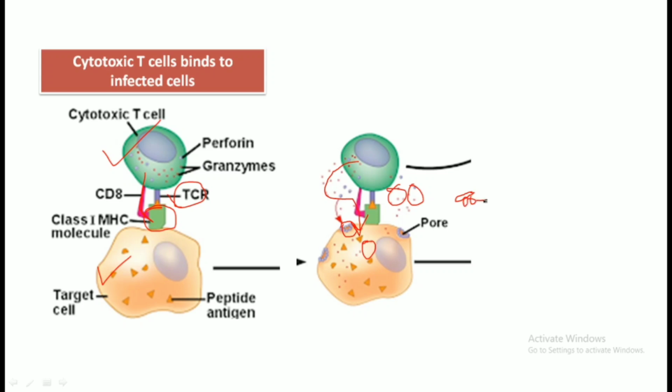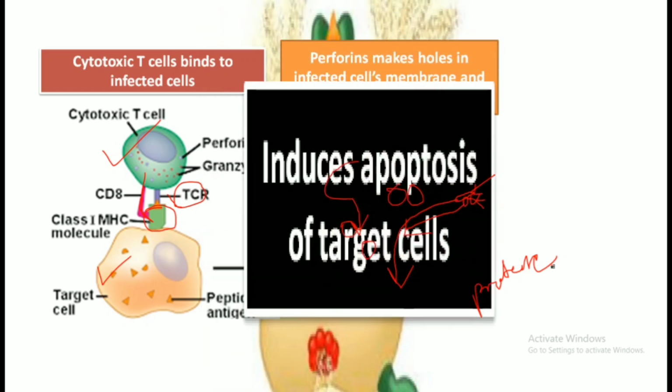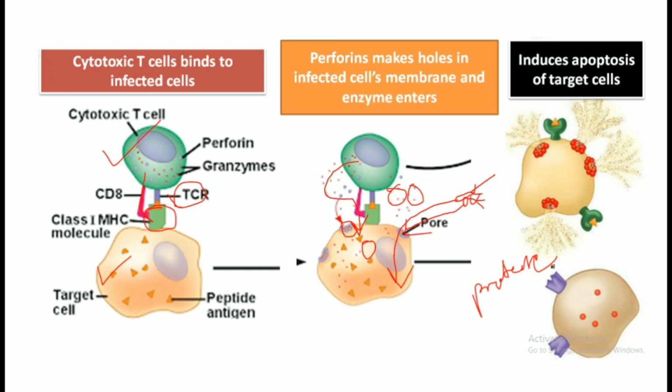After the perforin makes a pore on the surface of the target cell, the granzyme can be released, and these granzyme enzymes are actually a type of protease enzyme that can induce apoptosis, programmed cell death, of the target cell.